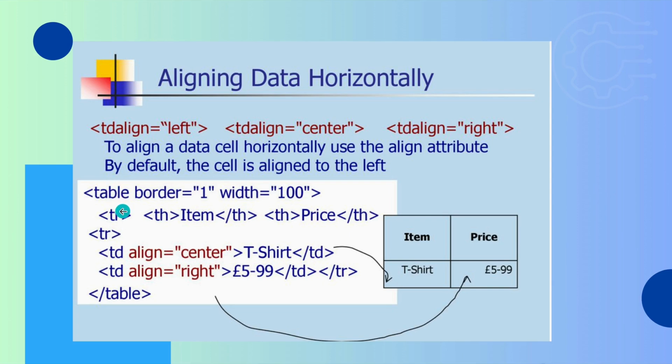As you can see, in the example we have table border 1 with width 100, TD item, we have closed the tag, TD price, we have closed the tag, and TD align center t-shirts, and TD align right, and we have closed the following tags. As you can see now in the result, the alignment of the t-shirt has been done towards the center, and the cost $5.99 has been aligned to the right, as given in the align attribute of the TD tag.